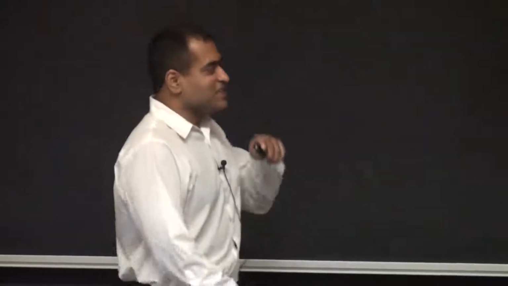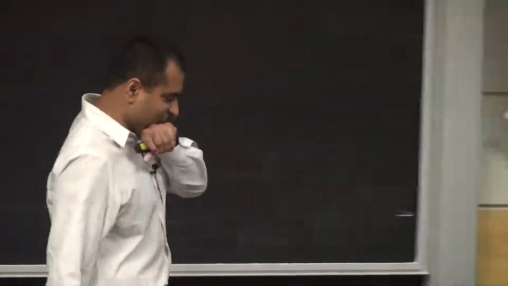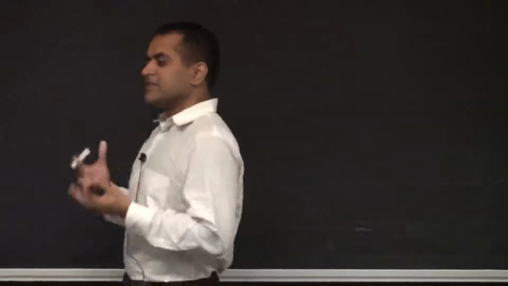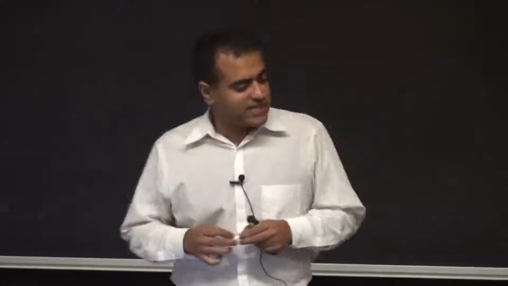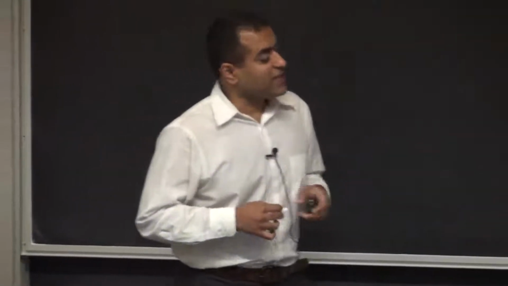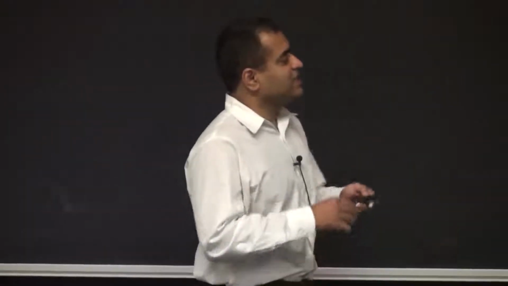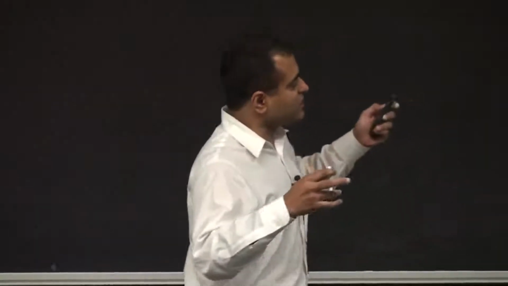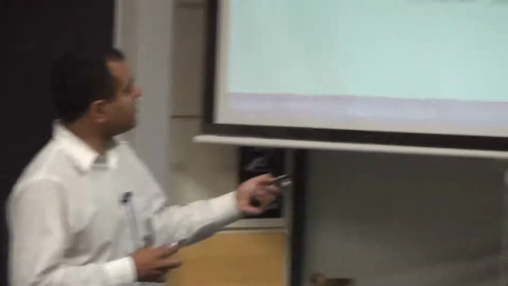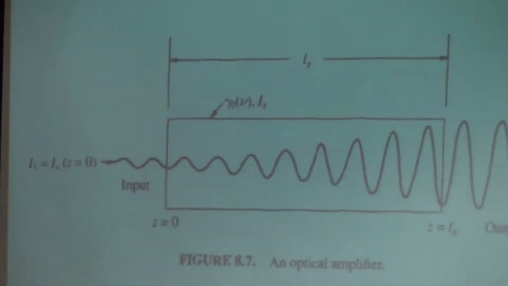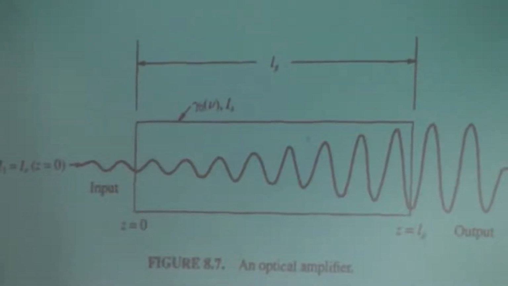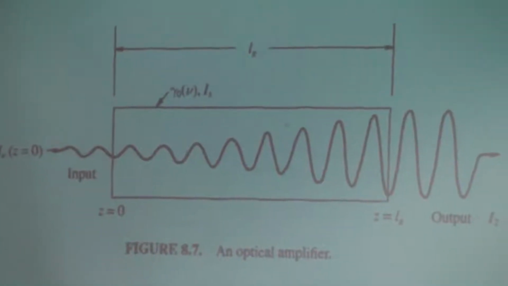All right. Up to the very end of the last class, we were essentially developing some intuitions of what amplification of light is. The end result of putting a gain medium in the path of light is to increase the intensity or the amplitude of the electric field or the magnetic field.